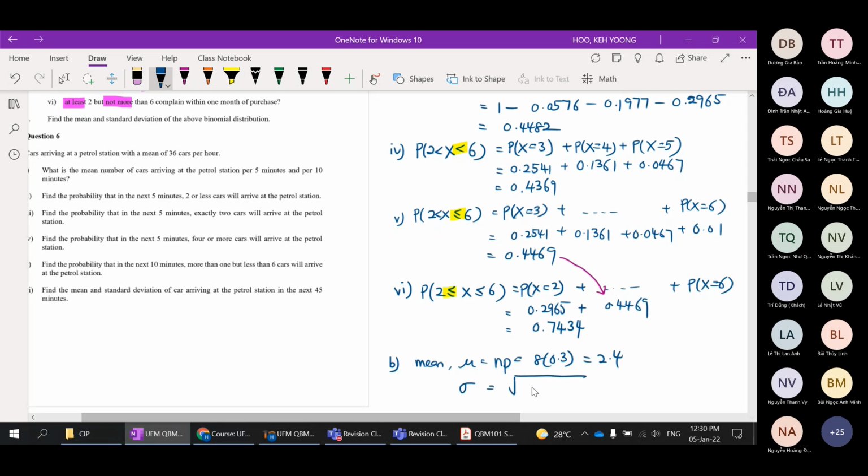Now we find standard deviation, so you have to take the square root. Okay, any questions? No? Okay.